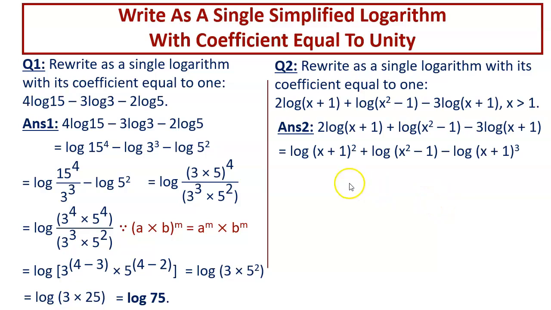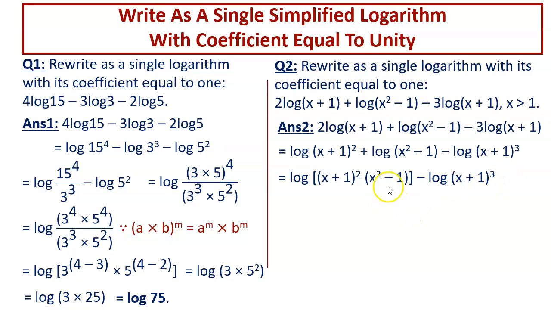Okay, and now we will be combining them. First of all, we combine these two. They are connected by this plus sign, so the arguments will get multiplied. So it is log of x plus 1 whole raised to the power of 2 times x squared minus 1 and minus log of x plus 1 whole raised to the power of 3.